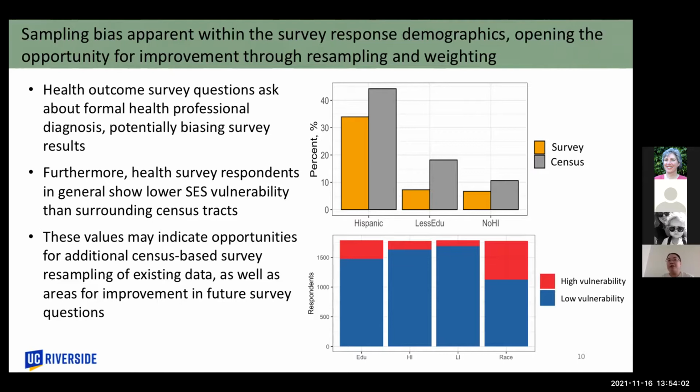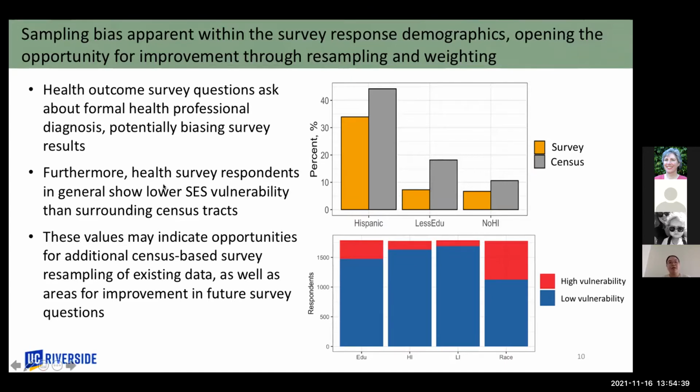The question they asked to collect the health conditions is, have you ever been told by a doctor or medical professional that you have the following disease? This means that only the people who have visited a doctor and been diagnosed would be treated as having such disease. So you will miss the people who are suffering from some symptoms but never visited a doctor. So this is probably one reason.